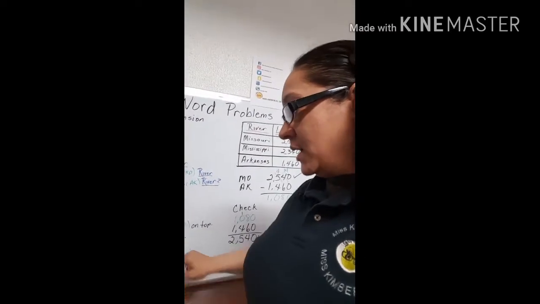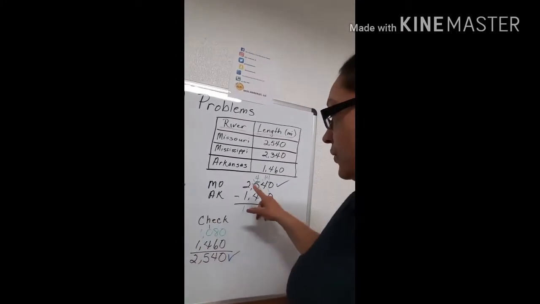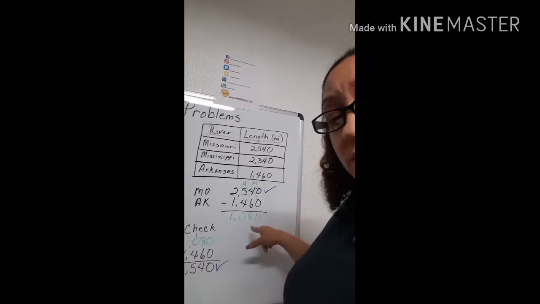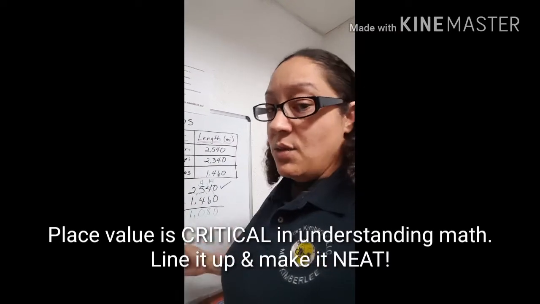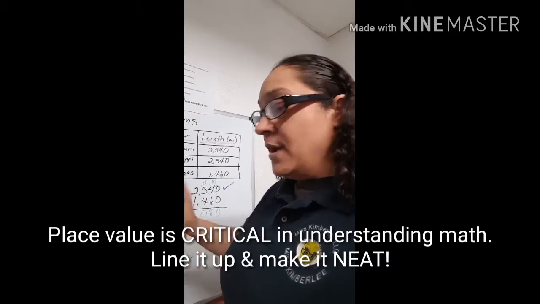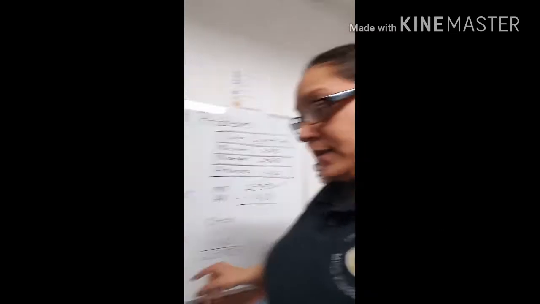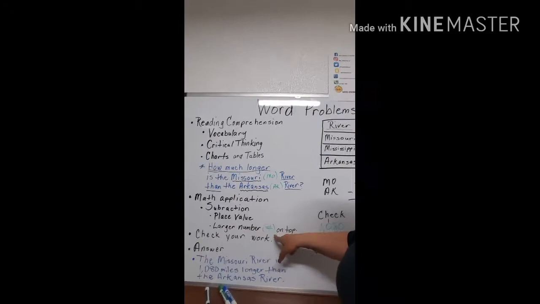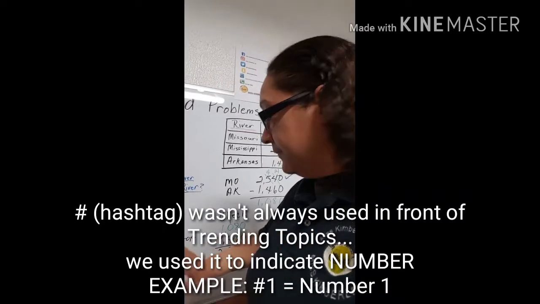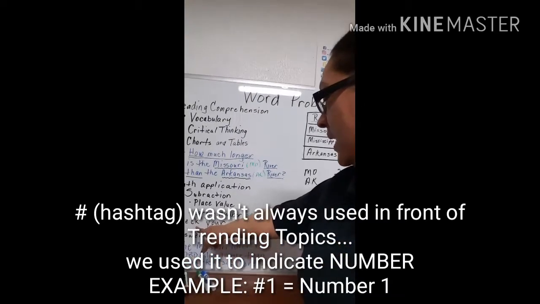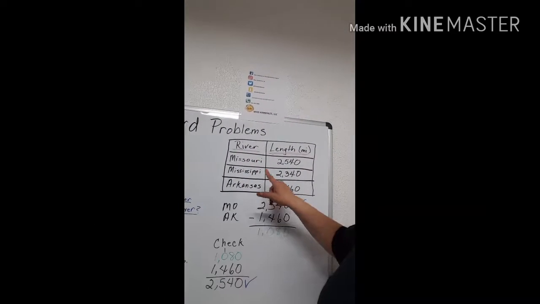Once you've read the question and dissected that, then you figure out the application. Here we're using subtraction. You have to be careful how you write it down. Make sure that it's always neat. You have your columns in line. You have your place value in order. Make sure all the information is correct. With subtraction, you make sure that the larger number is on top. Hey children, hashtag is a number sign. Anywho, I digress. So you go over here and you look at the chart.